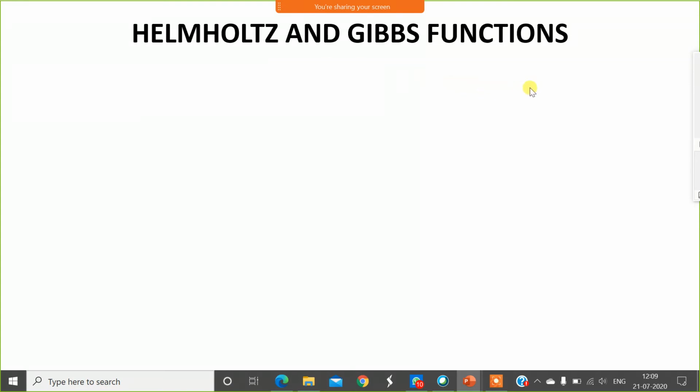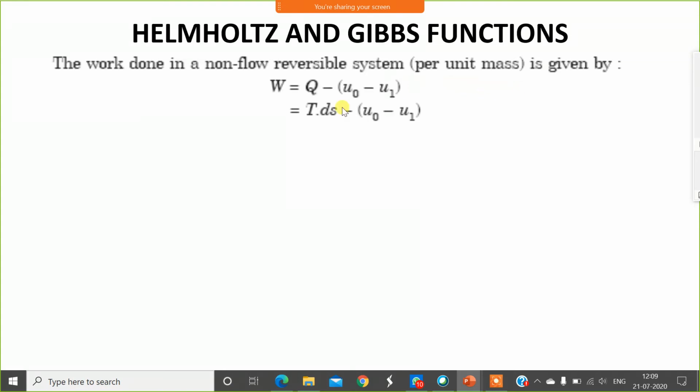Helmholtz and Gibbs function. Consider the first law of thermodynamics. W is equal to Q1 minus (U0 minus U1). Q is equal to T into delta S, and delta S is equal to S0 minus S1.